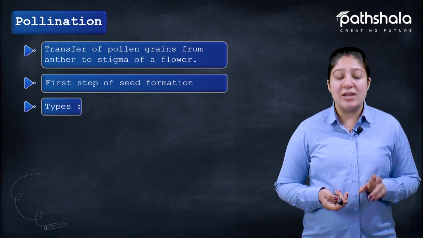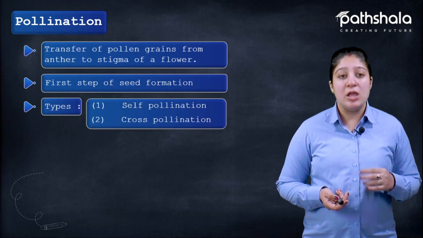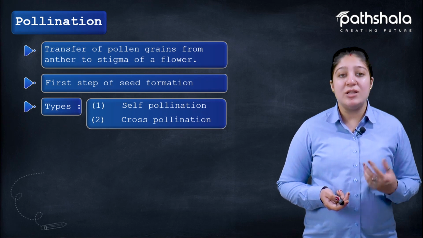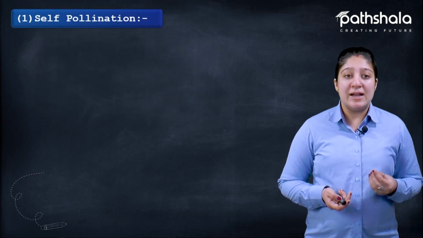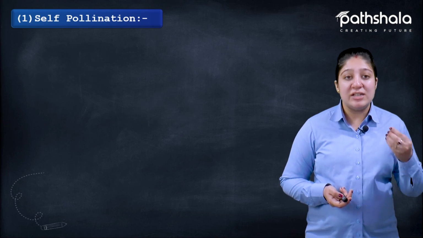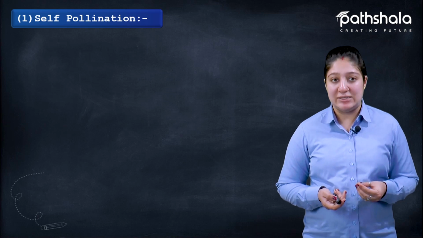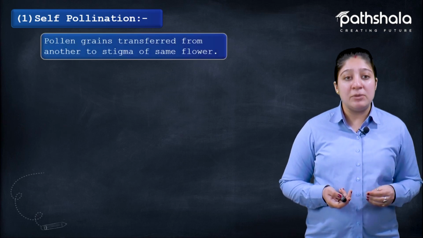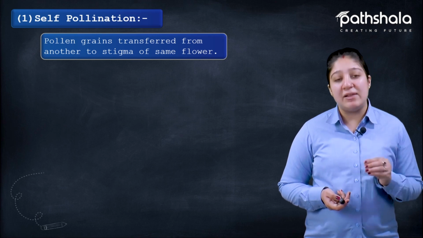The types of pollination are two, that is self-pollination and cross-pollination. Now what is self-pollination and what is cross-pollination? The name itself says that. So let's understand self-pollination. Self-pollination means the pollination takes place in the flower itself. That is, the pollen grain is transferred from the anther to the stigma of the same flower.